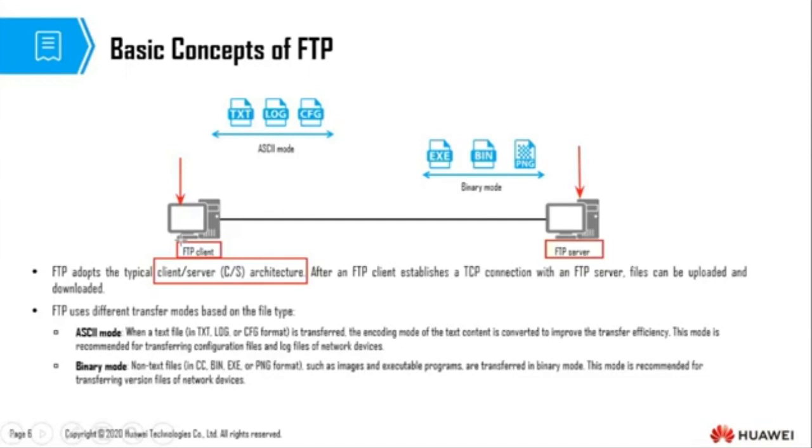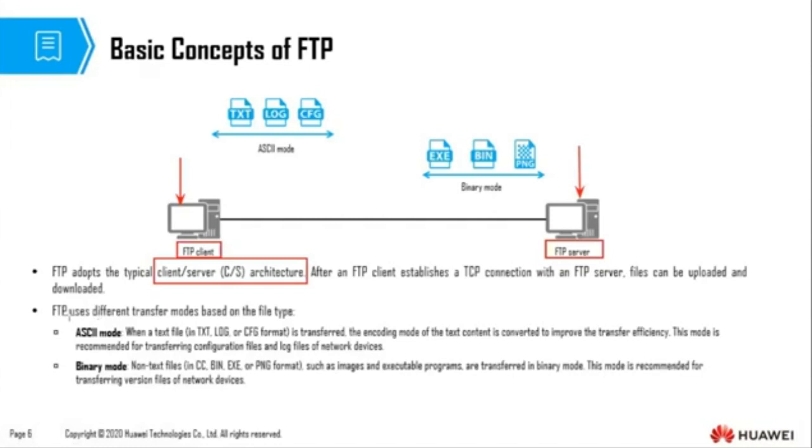Are you getting the point? So the network administrators don't need to carry files on hard drives or flash drives or disks. You just set up a server that will host all the files, the antivirus, and so on. So when you go to any office, you just connect to the network, log into the FTP server, and download the file.